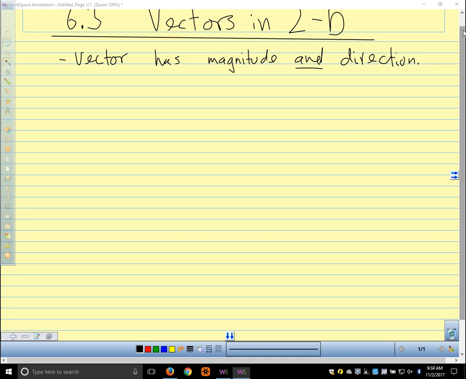So that's another way that we can think of coordinates as vectors. All right, what our book calls a vector is a directed line segment. So that's what your book will say. I think it's more convenient, just visually, to think of them as an arrow.